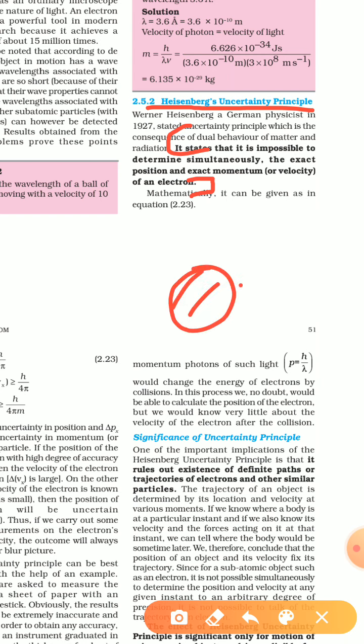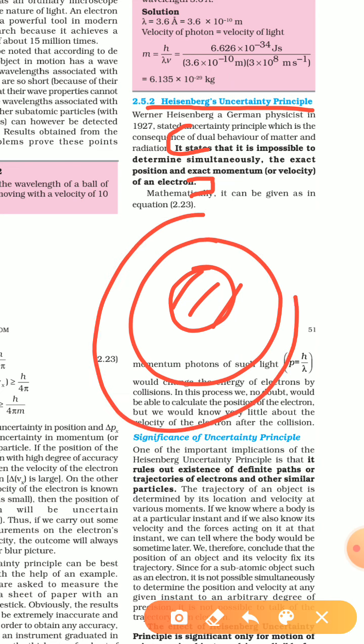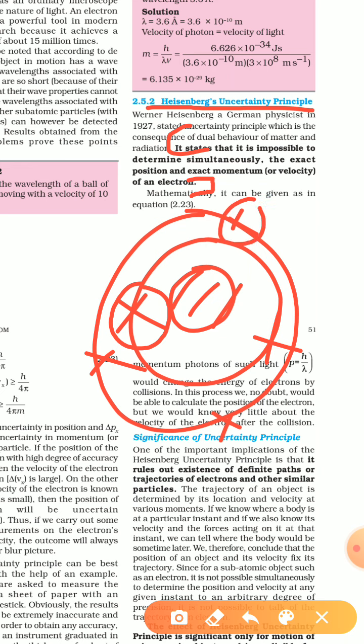If you have an atom, it is impossible to determine the exact position of an electron at a particular time, or its momentum or velocity. You cannot say that properly.